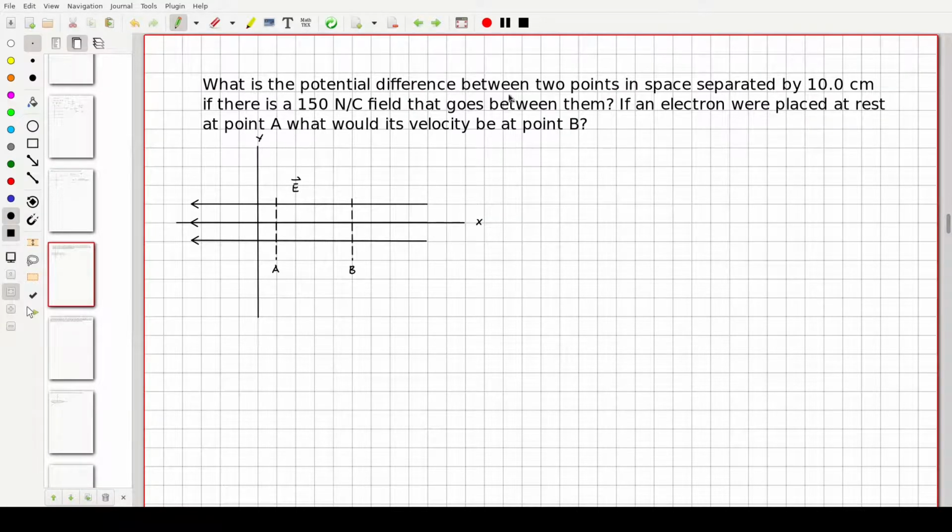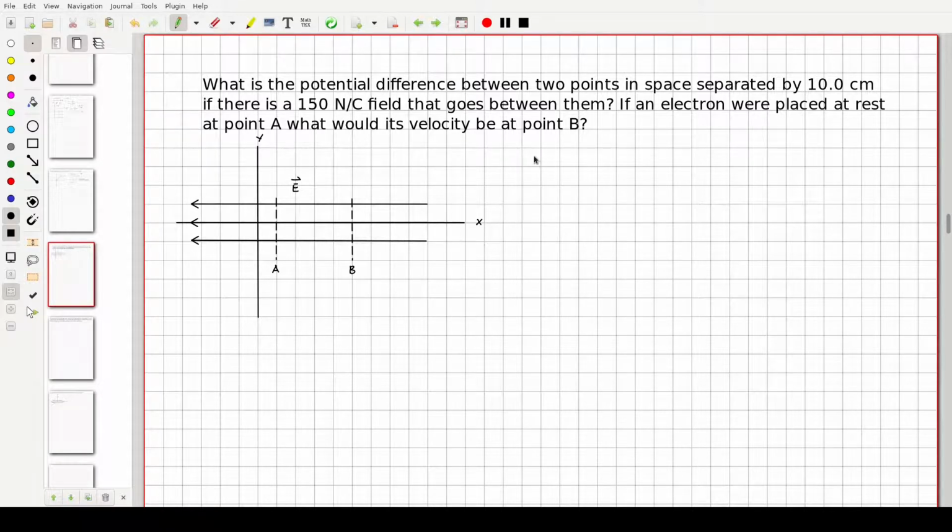So, here's another example. What is the potential difference between 2 points in space separated by 10.0 centimeters if there is a 150 Newton per Coulomb field that goes between them? If an electron were placed at rest at point A, what would its velocity be at point B?